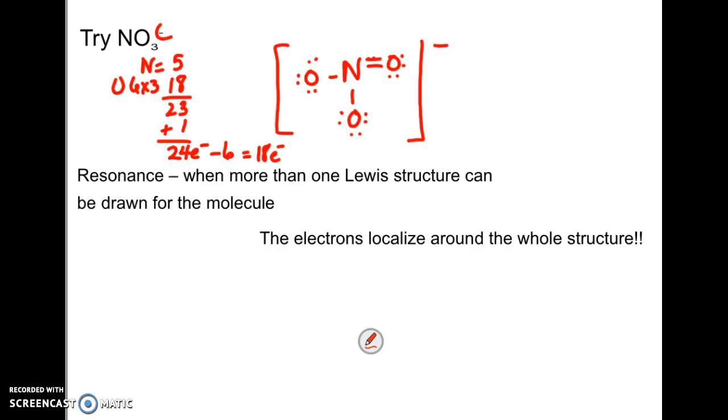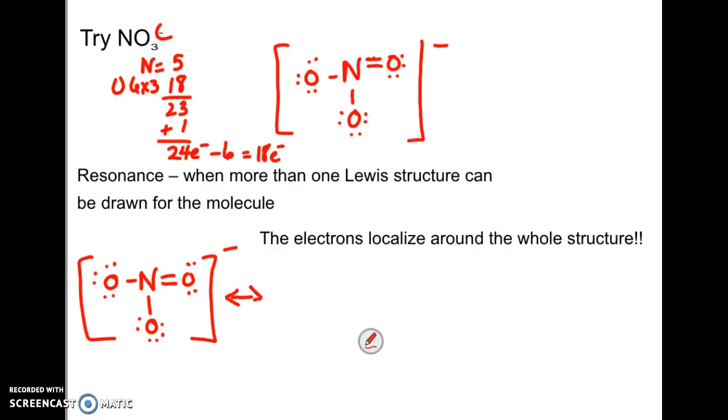To write that, we would show the 3 resonance structures for that nitrate ion. Here would be the first one, with the double bond on this side. And you'd have your bracket. Then you show a double arrow to mean that these are equivalent.